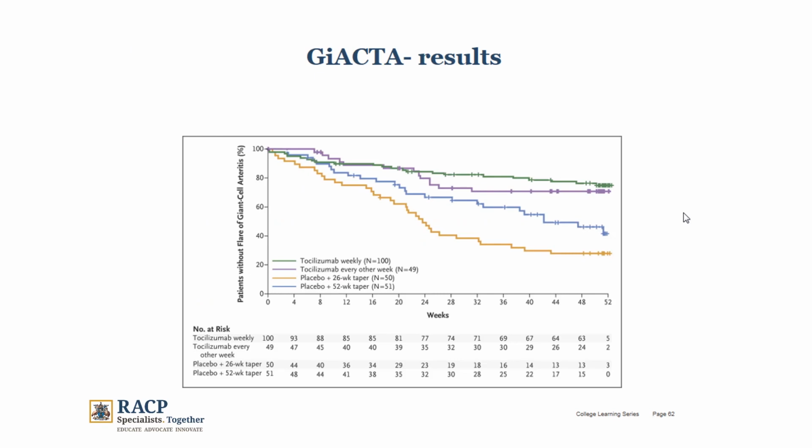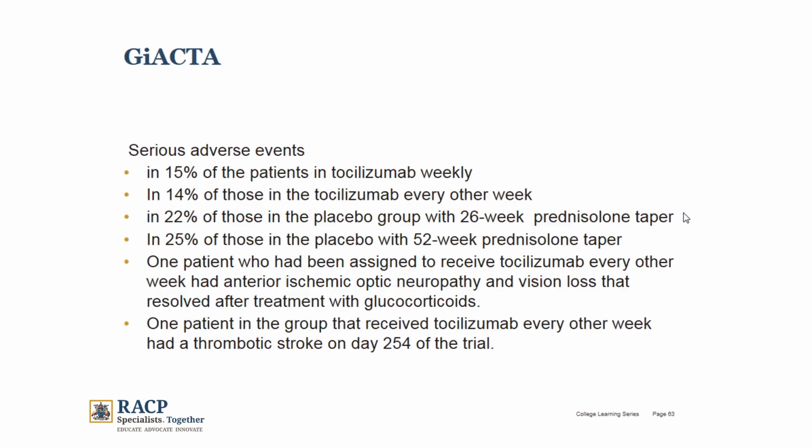As you can see, the survival curves here show the tocilizumab group had the least flares in the first 52 weeks. There were serious adverse effects in 15% of patients in the tocilizumab weekly group, 22% in the placebo group, and 25% in those who were taking prednisolone for the 52-week taper.